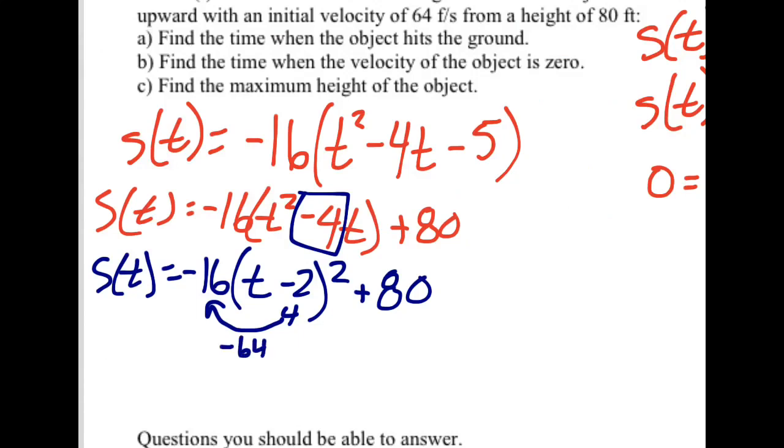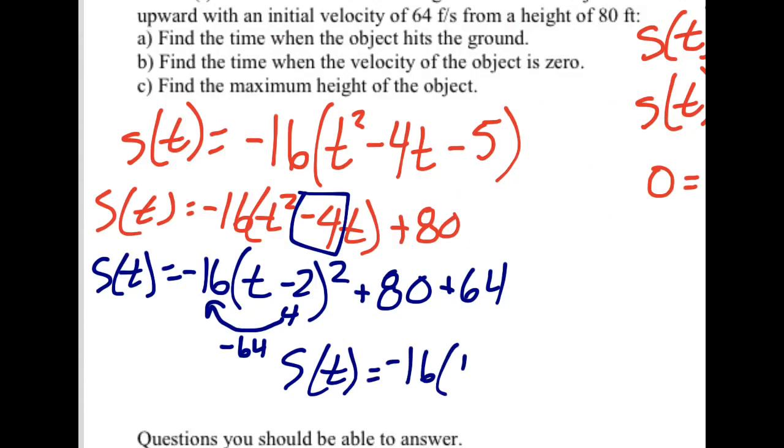So since I subtracted 64, I need to add a 64 to this. So I will get my function s of t equals negative 16 times t minus 2 squared plus 80 plus 64.